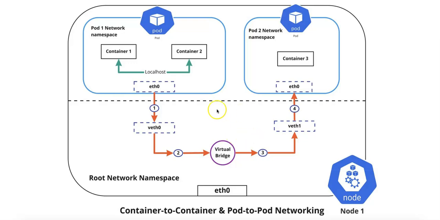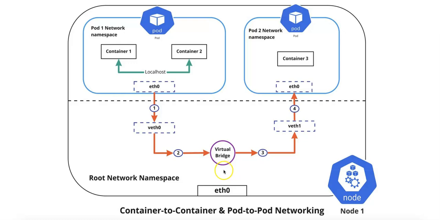So once again, intra-node communication, or pod-to-pod communication, let's say pod 1 to pod 2, does not involve the node's eth0 interface. But how about for inter-node communication? When pods on different nodes need to communicate, the node's eth0 interface becomes very important.